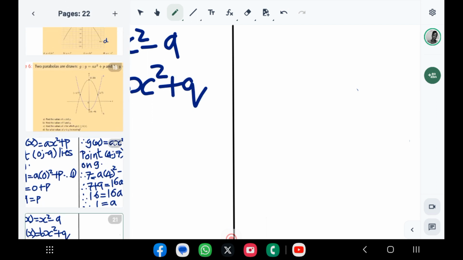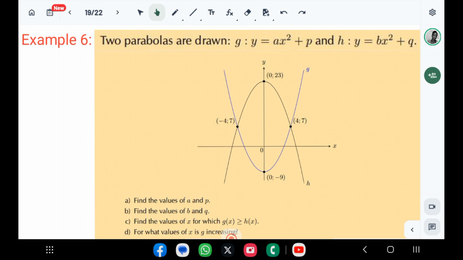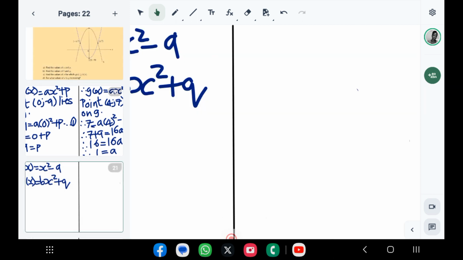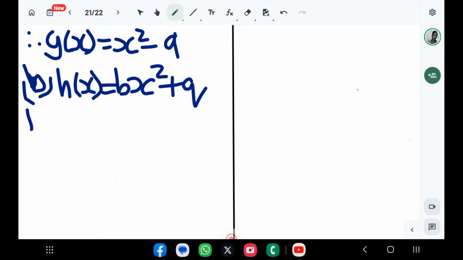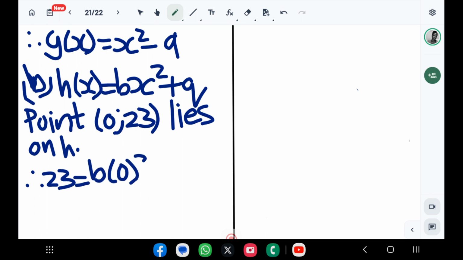Let's see what point lies on H here. Let's start with the turning point. The point (0, 23) lies on H. Therefore, we substitute: 23 equals b(0) squared plus q, and that is equation 1.